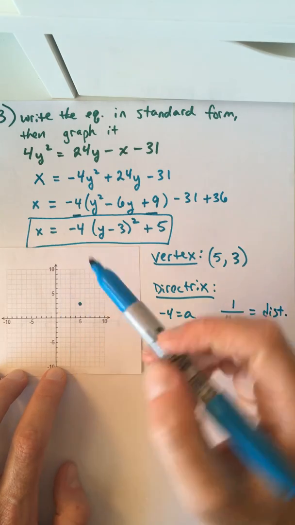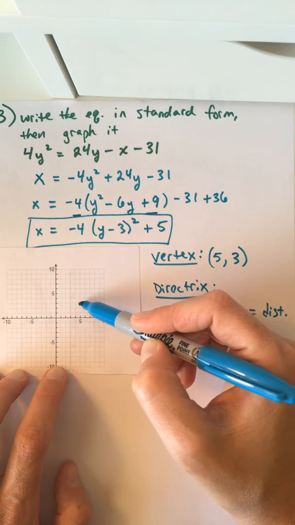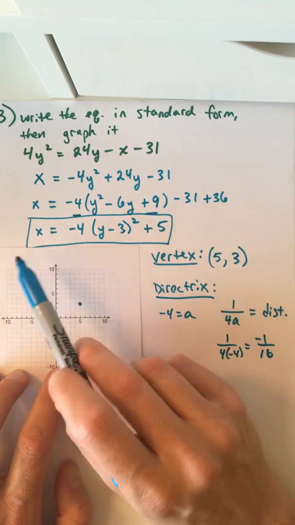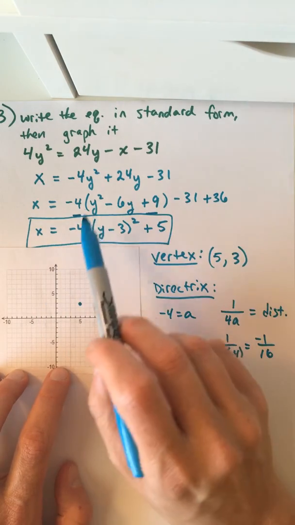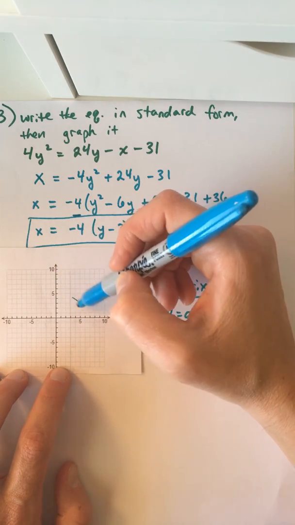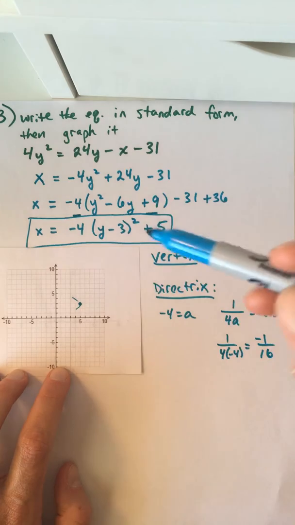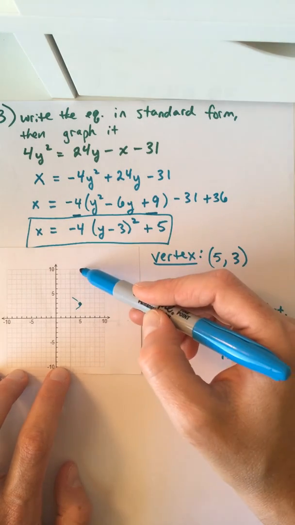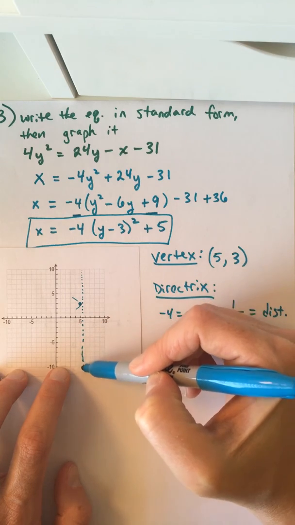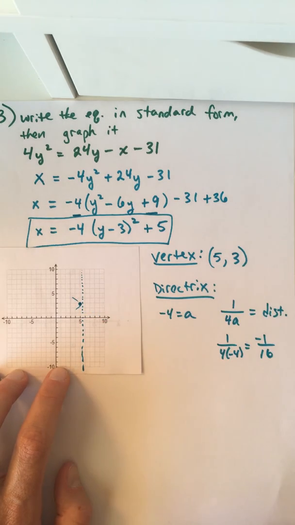And we can think about traveling a distance of 1/16 in either direction. I know that this is a right or left opening parabola. Because there's a negative here, it's going to be opening to the left. So it's going to look something like this. That means that the directrix will be off to the right, 1/16 away from this vertex.